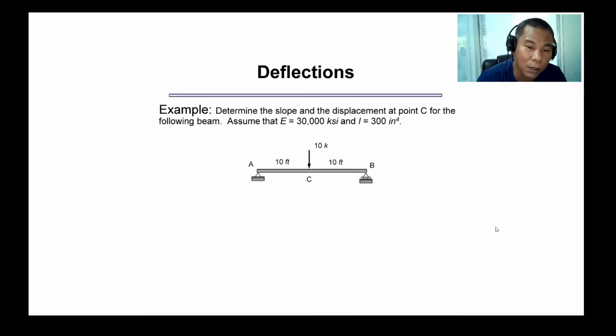And you can just draw the moment diagram directly by using the method of superposition at point C. So if you take point C as the fixed end, then the reaction at A will create a triangular moment which is equal to 5 times 10, that's 50, and at the other side the reaction at B, that's 5, will also create a moment of 5 times 10, that's 50 kip-feet, which are the same.